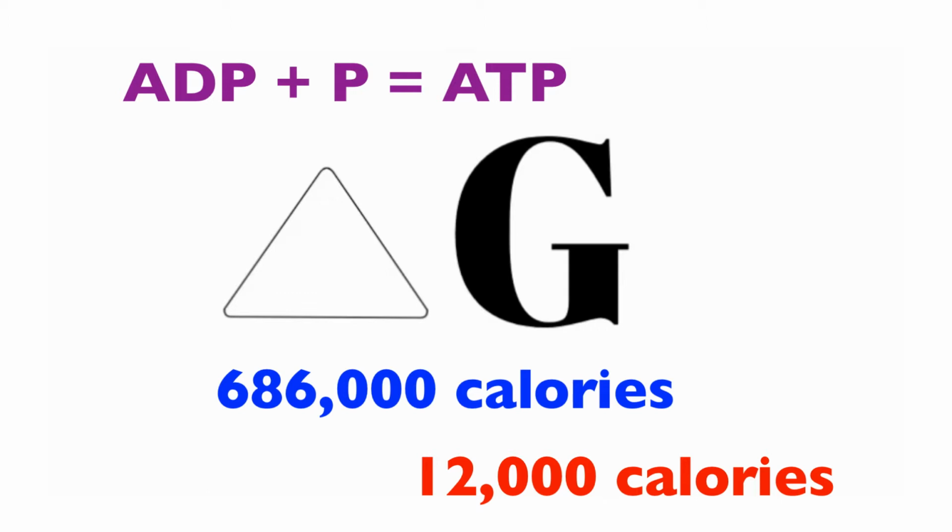Which means if we're breaking glucose down in one fell swoop, we're going to be losing a bunch of energy we could use to make other ATP molecules. Because if we're burning it and releasing 686,000 calories, when we only need 12,000 calories, that's a waste of a lot of energy.